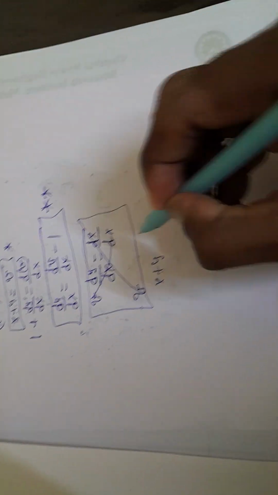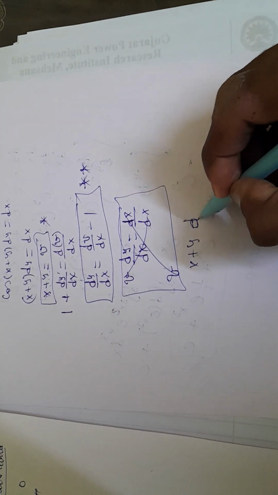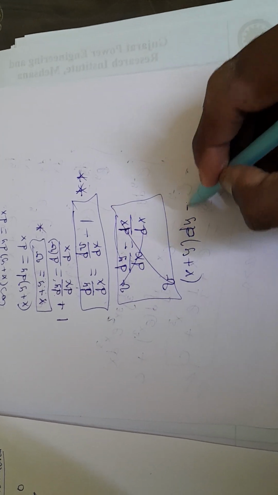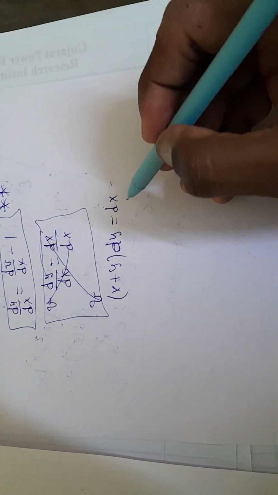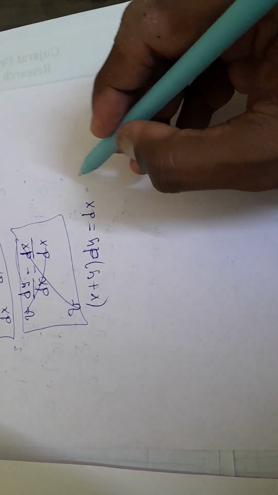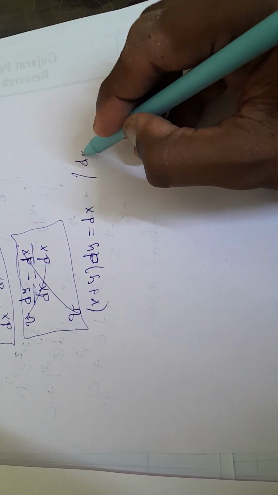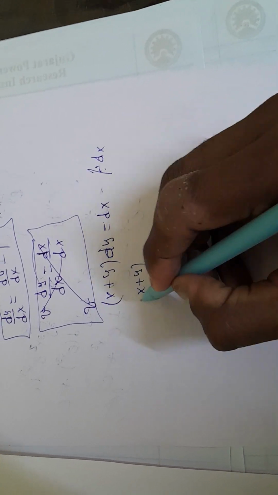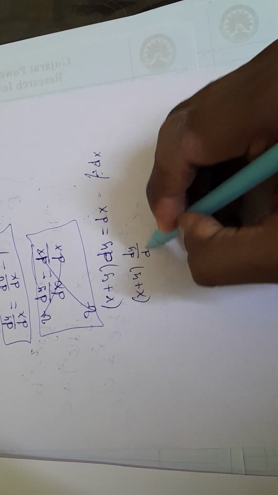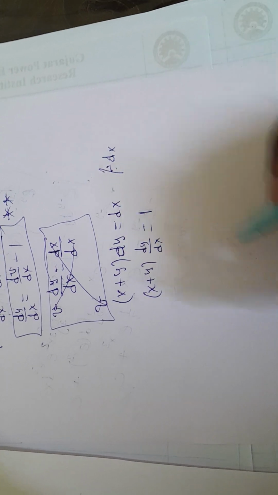We are going to substitute. The equation is (x plus y) dy equal to dx. Is that okay? Now see, if I divide everything by dx, we have (x plus y) dy upon dx is equal to 1.